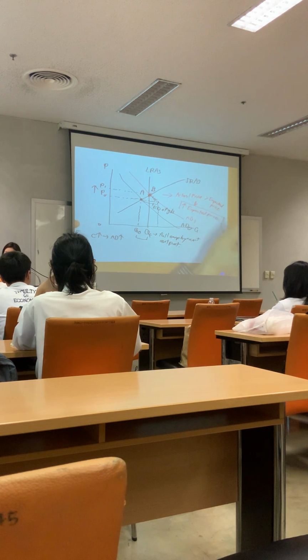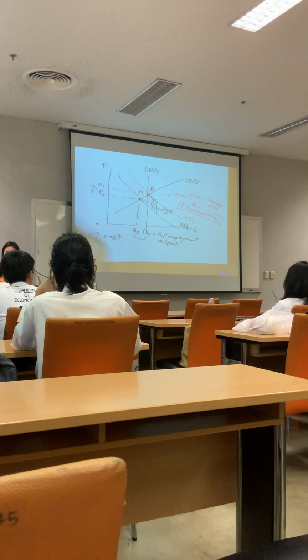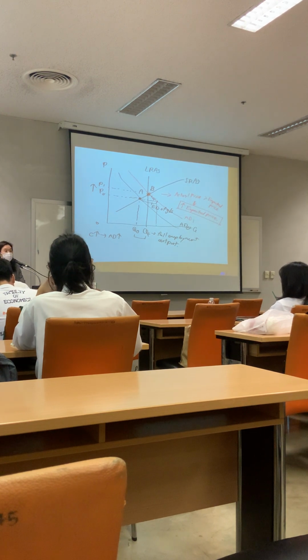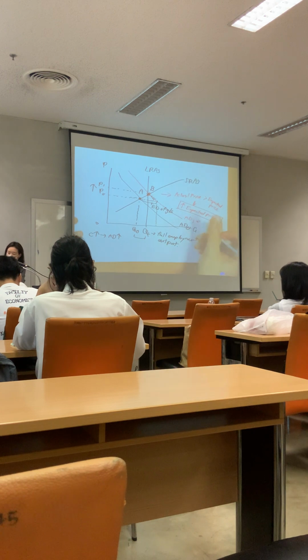So when they increase the expected price, what happened? They're thinking that in the future they have high cost of production, right? Expected price increases, they have more inflation. If I want to hire more labor, I need to give them more wage. Or if I want to produce something, I need to buy factors of production at very high cost.